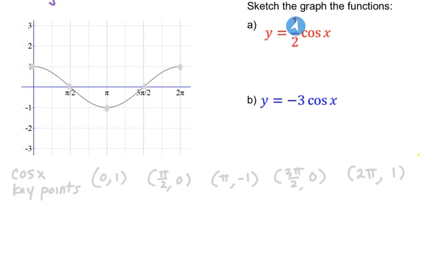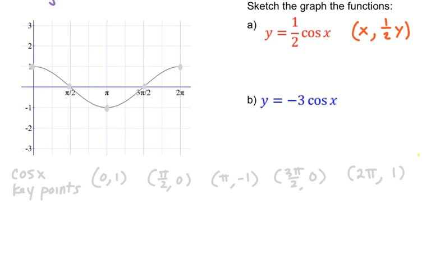So looking at 1/2 cosine x, that's 1/2 times my output of cosine x. That's going to mean that my ordered pairs are going to shrink in the y by 1/2. So my ordered pair, instead of looking like a regular (x, y), it's going to be x and then 1/2 times y.